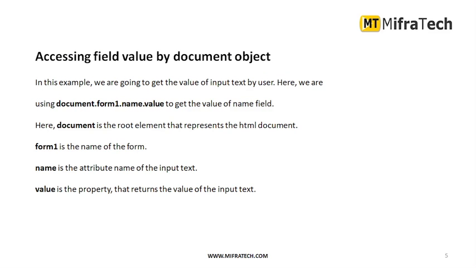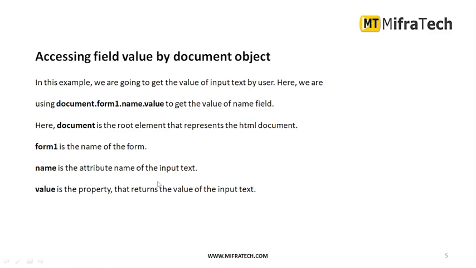Then accessing a field value by document object. In this example, we are going to get the value of the input text entered by the user using document.form1.name.value to get the value of the name field.